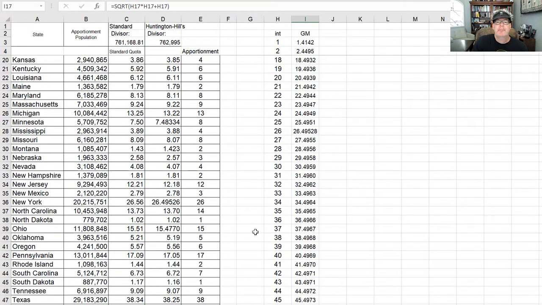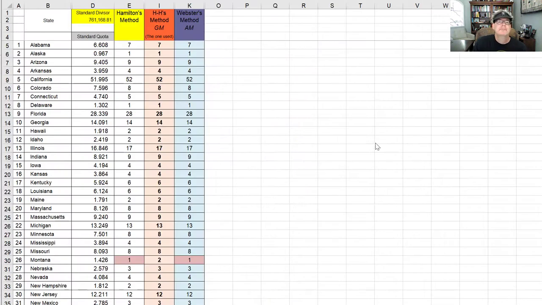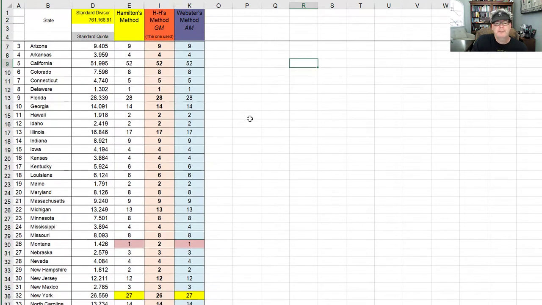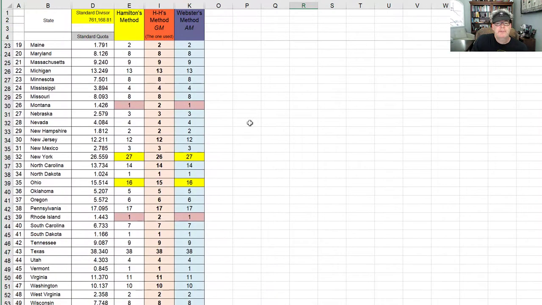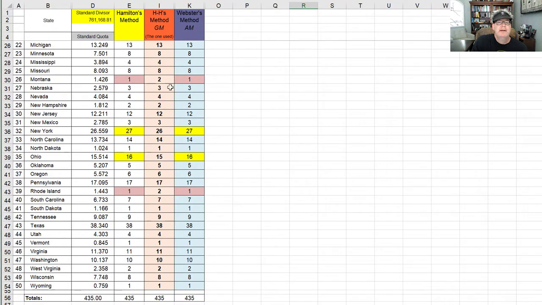If we want to compare with different years, this is the apportionment. So again, the one used right here in column I, Huntington Hill, it's different than Webster, which in this year was the same as Hamilton, in that it gave Montana a seat and Rhode Island, those two rounded up.